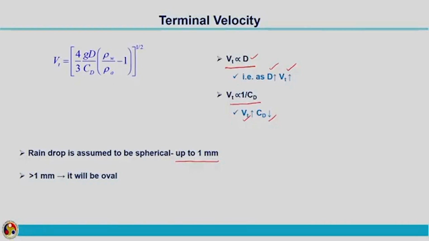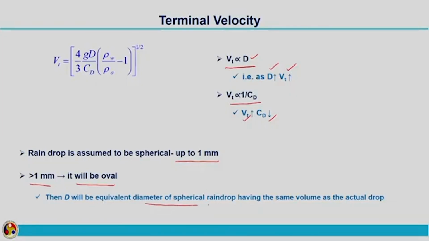In that case, we will not be able to substitute exactly pi by 4 d square. We have to take the equivalent area of the spherical cross sectional area corresponding to an oval shape. That is, if a raindrop size is greater than 1 mm, it will be oval in shape. So, you need to take into account what the size of the raindrop given to you is.